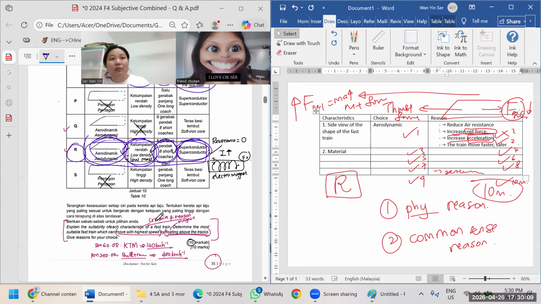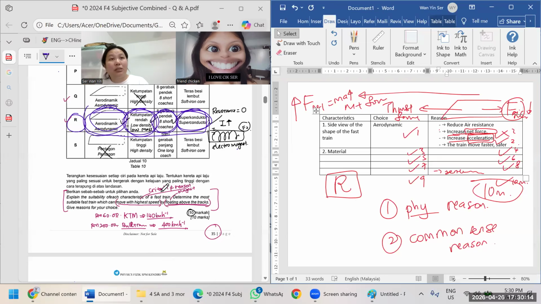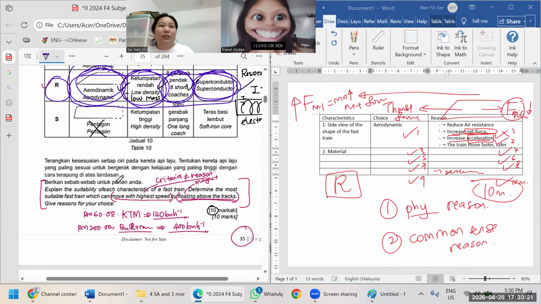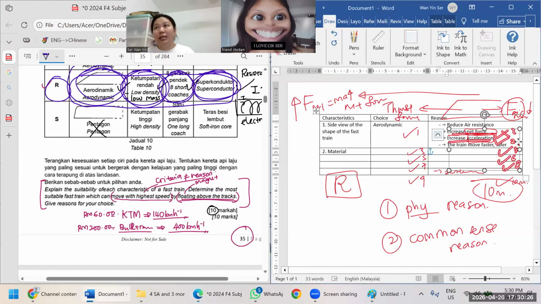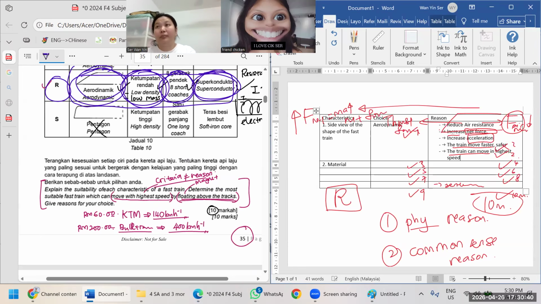And also, please read here first. Once you look at the table, please read here first. I would say this is a criteria. So see, the train can move with higher speed. So if I write here move faster, safer, and then I write here the train can move at the highest speed, no marks.